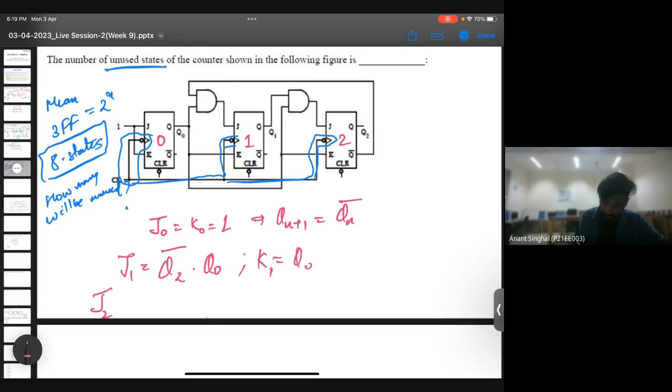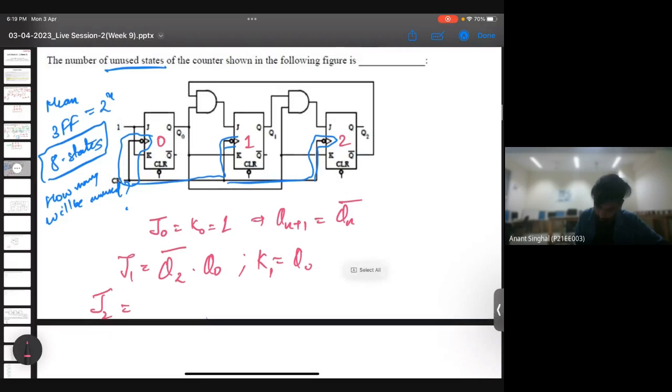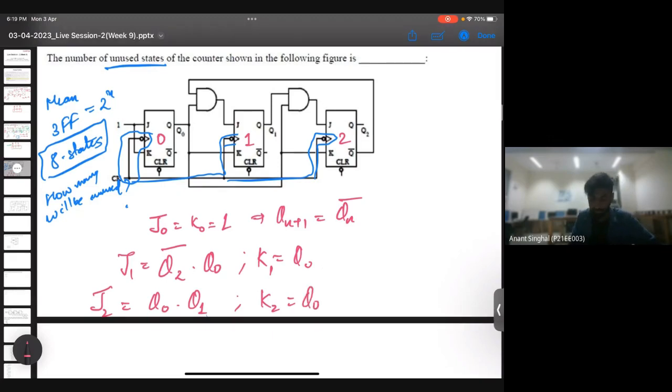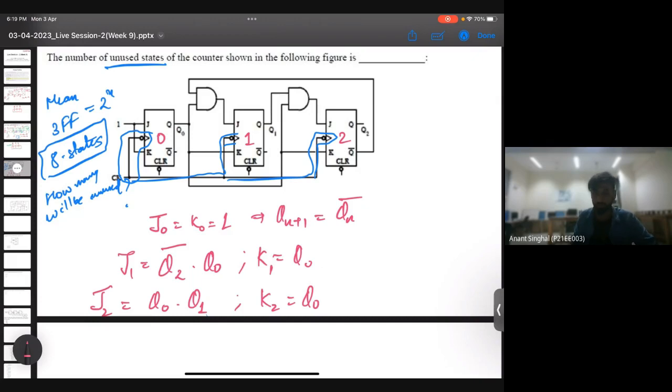Now for J2, J2 is an AND combination of Q0 and Q1, and K2 is Q0. Everyone agrees with this? If you have any doubt, I can repeat.